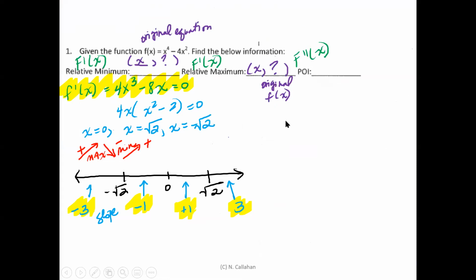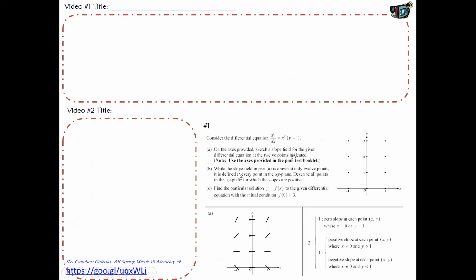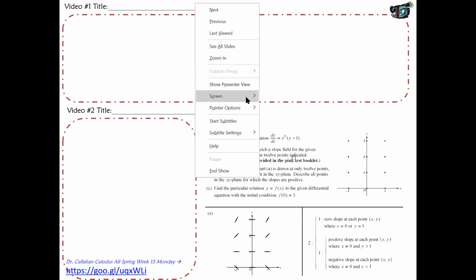Okay, so next, what I'm going to have you do is take a look at some of the free response questions. This is page 3 of your guided notes. Here is a typical question that was on a previous free response. There are 3 different parts, and my recommendation is to look at this, and if you're experiencing some difficulty with it, the Google link on the very bottom, you can type that in, and it will give you the answers.